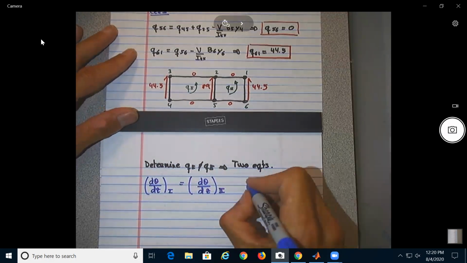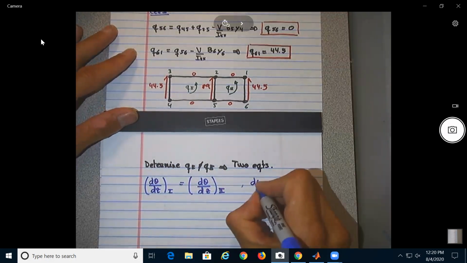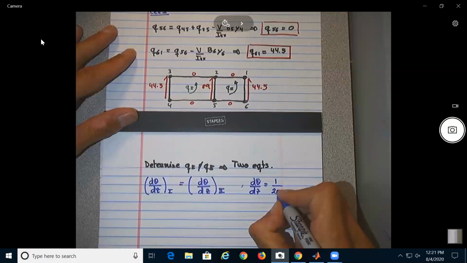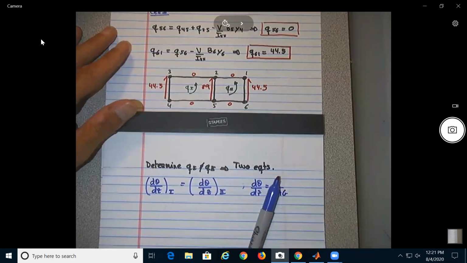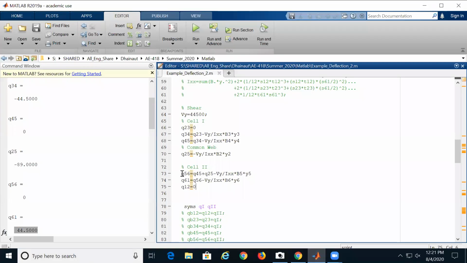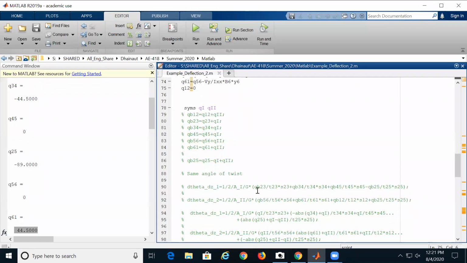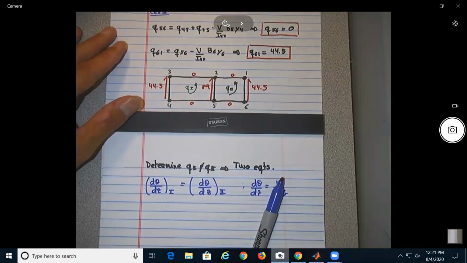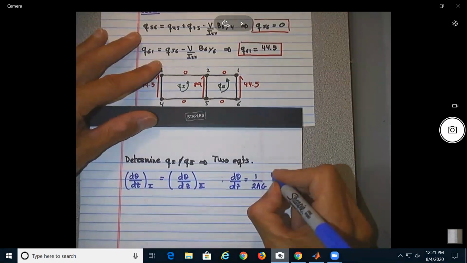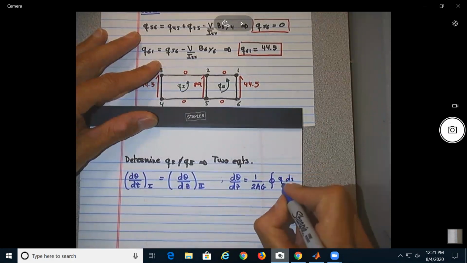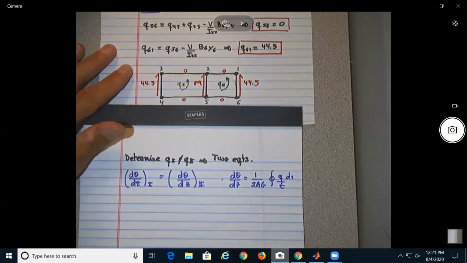And the general expression for the angle of twist, I'm going to have to go back and check, but I think it's 1 over 2AG. Let me go and check. 1 over 2AG, and then you need the integral of Q over t. 1 over 2AG, and then you go around the circumference of the Q over t ds, okay?